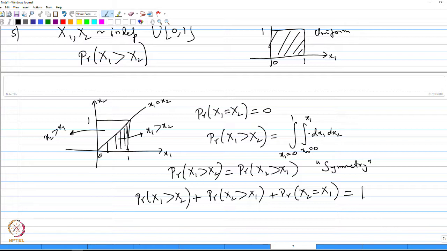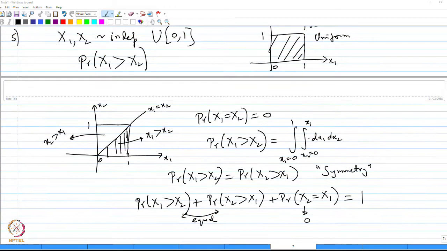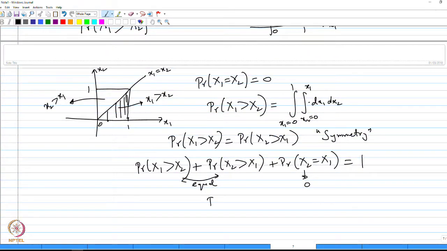So these probabilities have to add up to 1. Now this one is 0. These two are equal. So what should be the value of each of these? The value of each should be equal to half. In this situation, it's quite easy to evaluate the integral, and you can check that it's half.